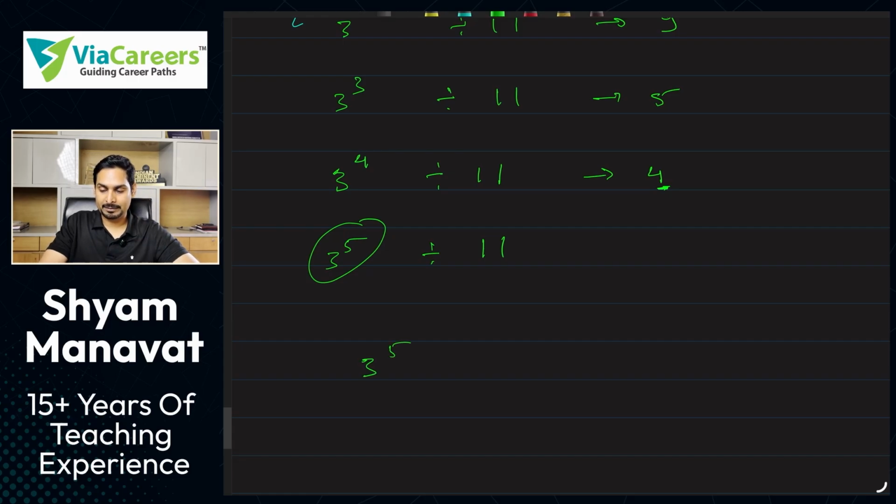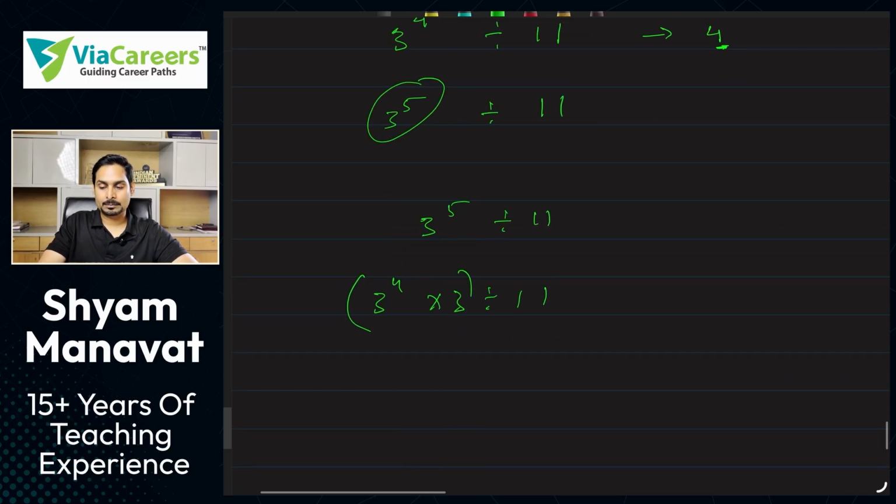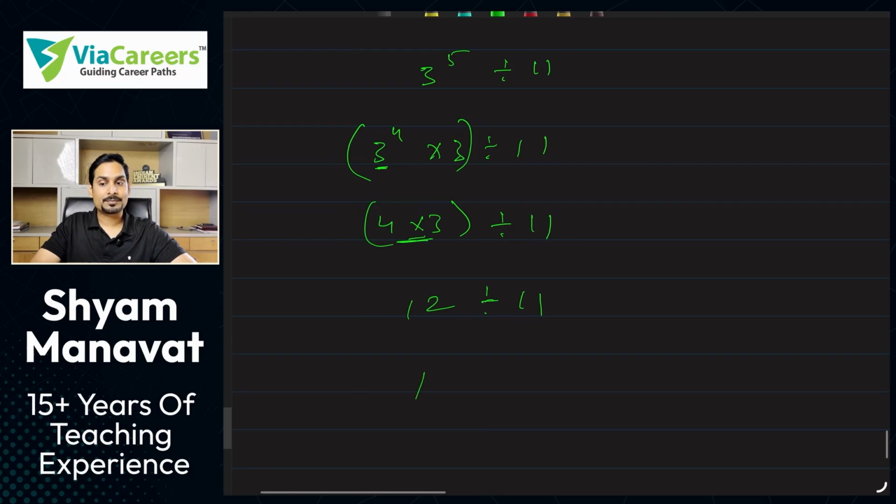To check the remainder, it is nothing but 3 to the power 4 into 3 divided by 11, one and the same thing, right? Now 3 to the power 4 divided by 11, you know the remainder as 4, multiply by 3, so the remainder should be what? 4 3s are 12, but you know 12 is still more than 11, so you can write the remainder as how much? 12 divided by 11, remainder is 1. Yeah, so it's not necessary that you have to actually calculate the power.